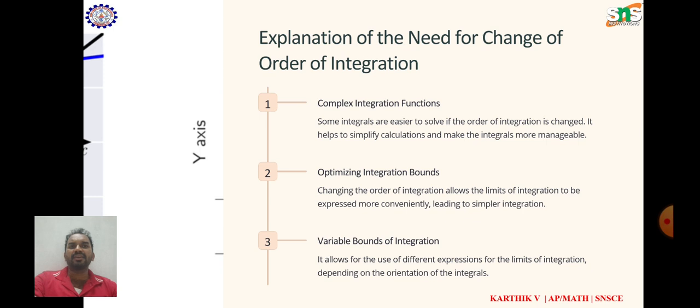Another reason is to make explicit symmetries or special properties of the integrand or region of integration. By changing the order of integration, you may uncover symmetries or patterns that make the integration process more efficient.